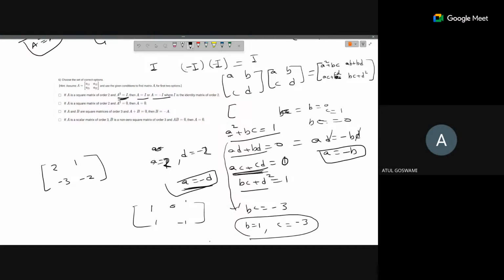Here we multiplied and found A square from the general matrix, and we are equating that to the identity matrix. So for the identity, these two terms are 0 and these two terms are 1. Got it or not? Okay, sir.